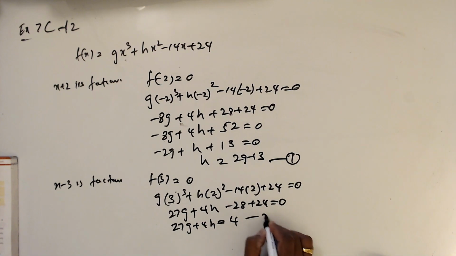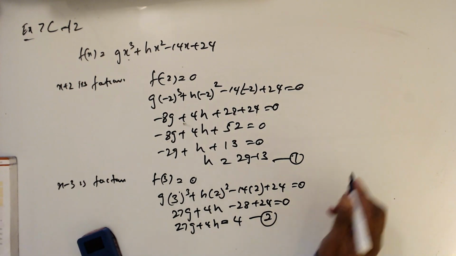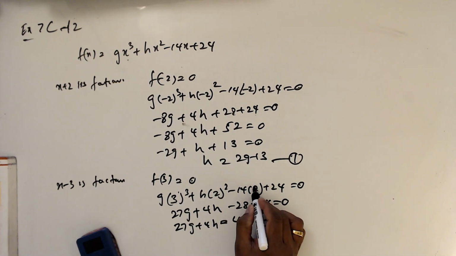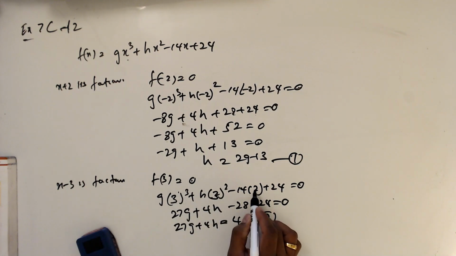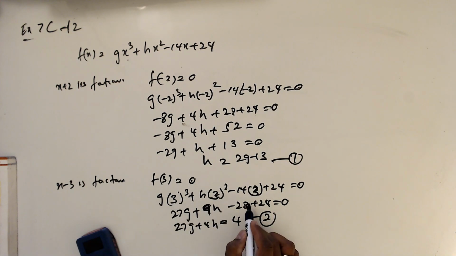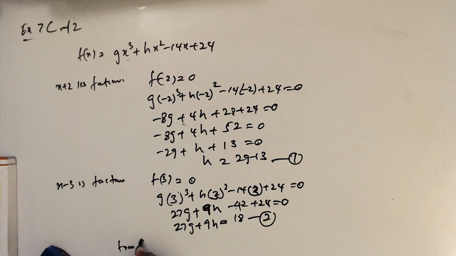Now this is 1 and this is 2. From 1 and 2, I will substitute h from 1 here. 27g plus 9 times (2g minus 13) equal 18.